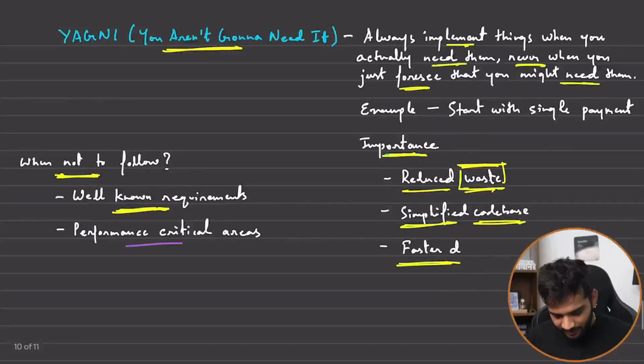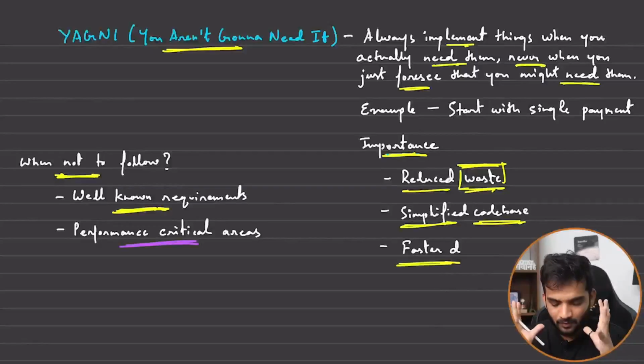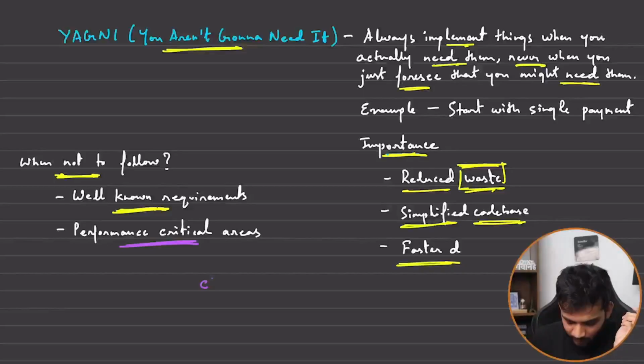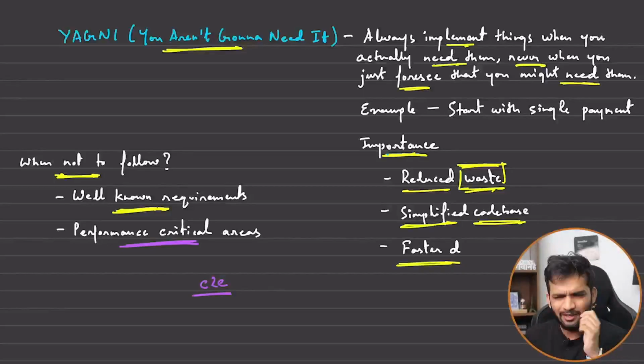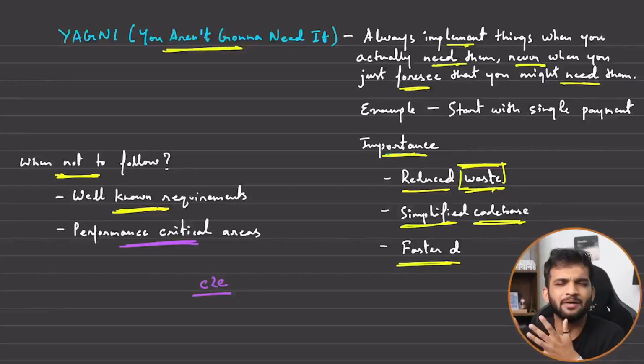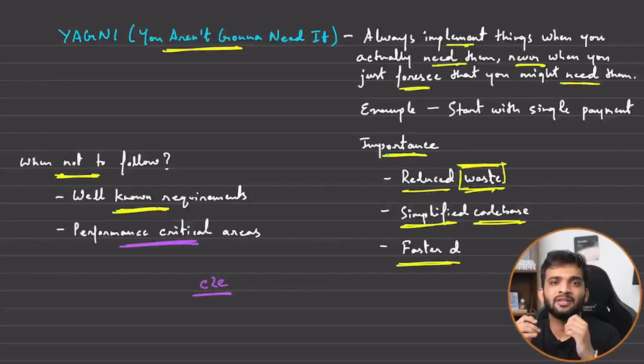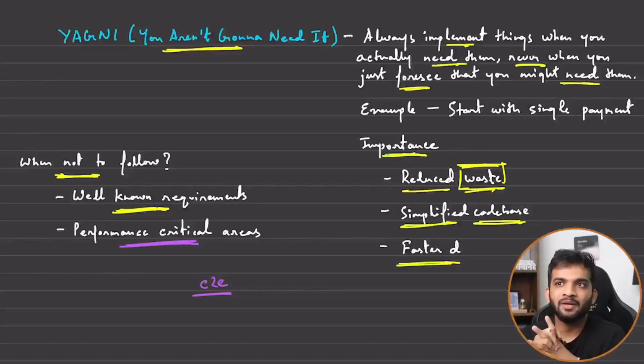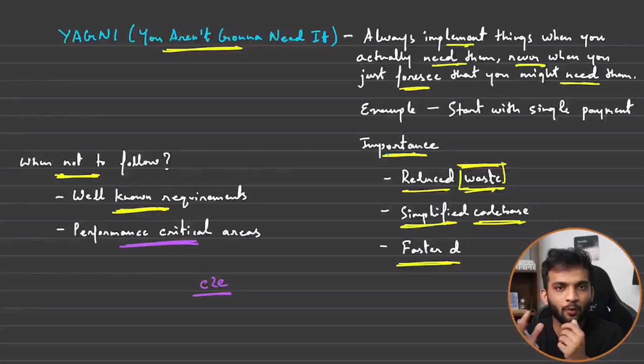Performance critical areas. If you're going to do an end-to-end test, and you feel it's better to write the code as of now, because let's get it tested properly and ship it, so that tomorrow when we enable that feature, we're fine. We don't have to retest it and do all the other things. If you feel that particular code is a tough portion of the code, it's going to take time.